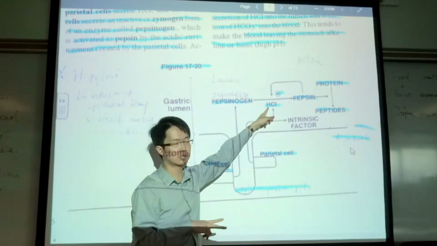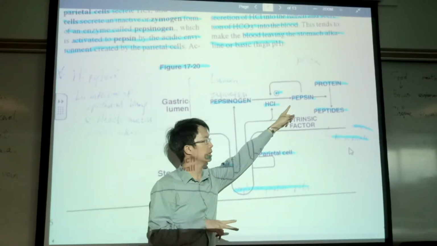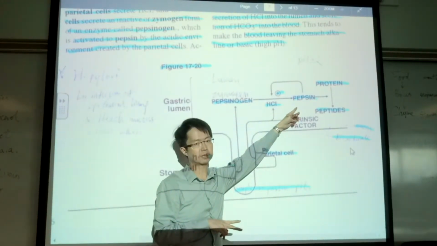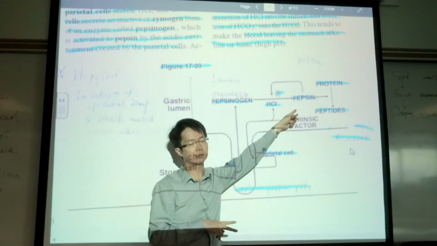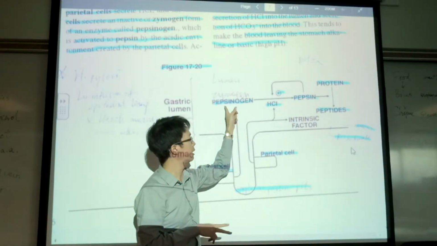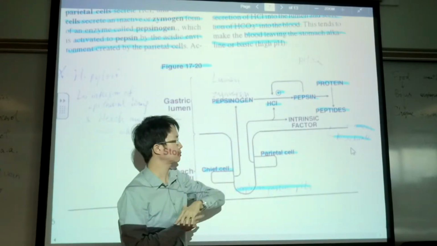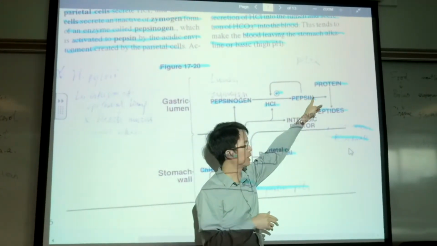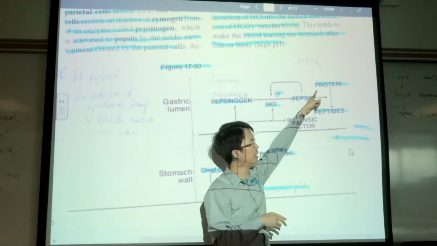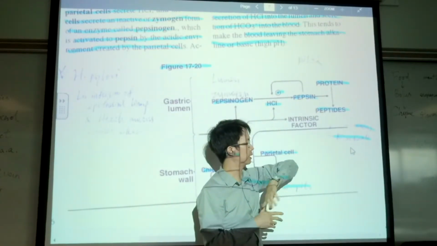One is HCl, another one is the active form, pepsin. Pepsin can go through the positive feedback loop to activate pepsinogen to make more pepsin. And then pepsin is the active protein that can break down protein into peptides.